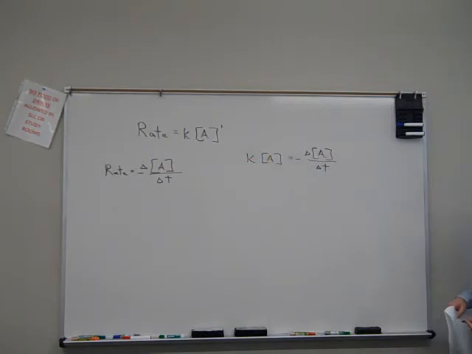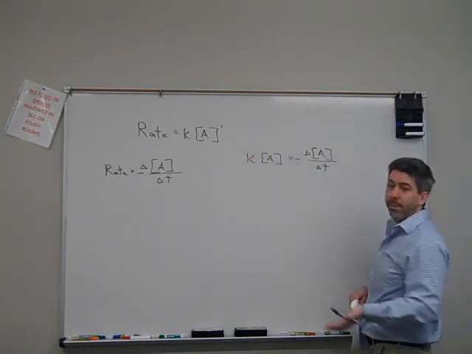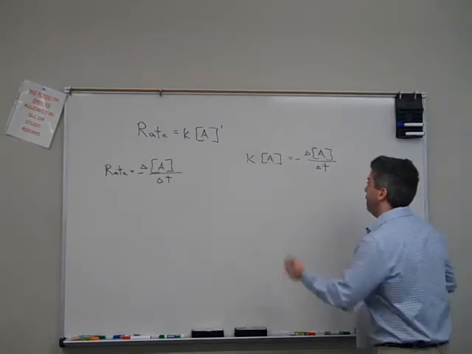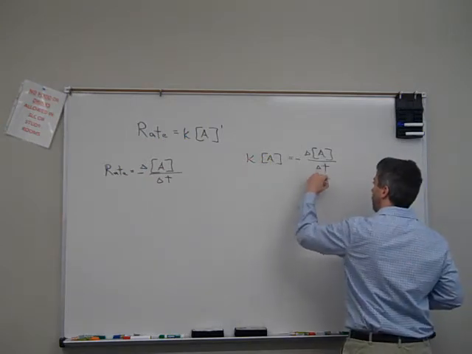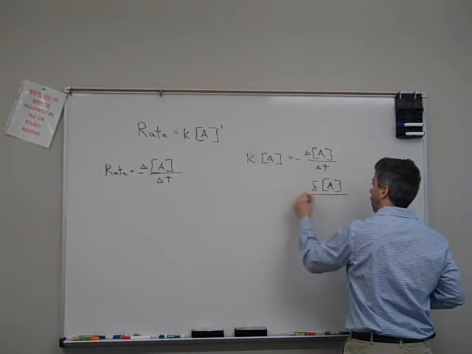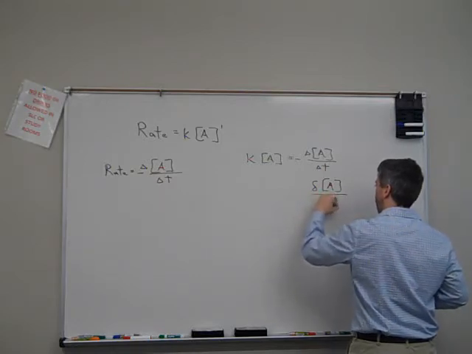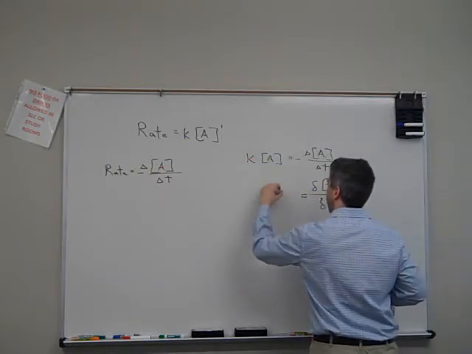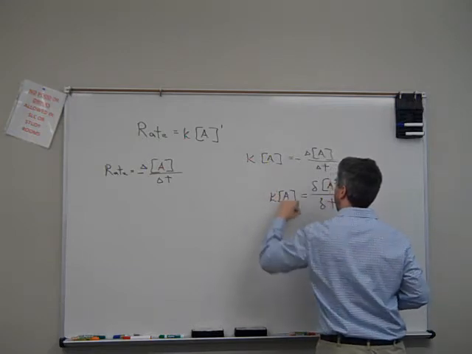In calculus, though, we represent deltas or changes as infinitesimally small, so it would be dA over dt, and that's equal to k times the concentration of A.